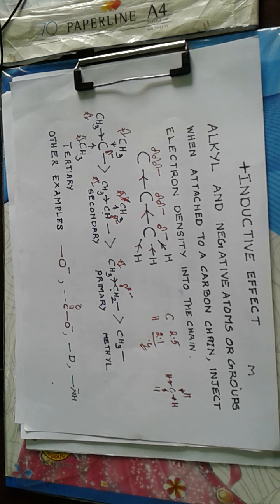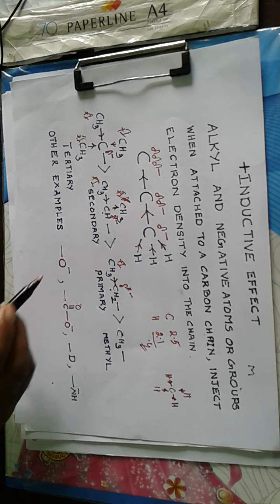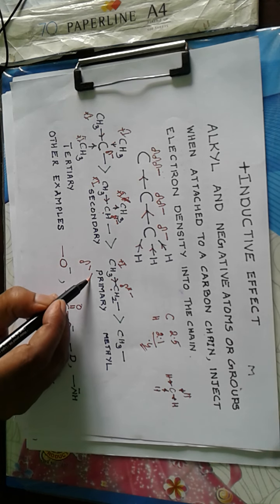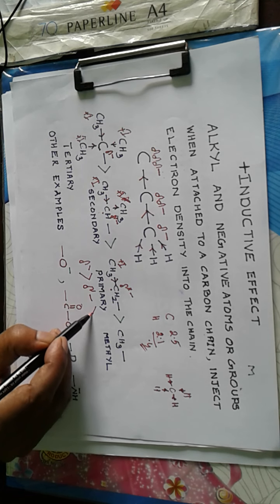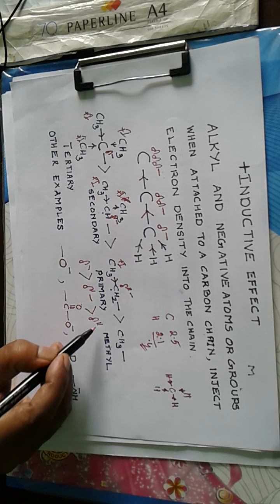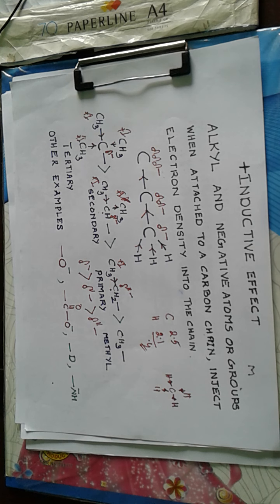Delta negative for the tertiary carbon, delta dash negative for the secondary carbon, and delta 2 dash negative for the primary carbon. So delta negative will be greater than delta dash negative, which will be greater than delta 2 dash negative, so that the plus I effect decreases in this order.